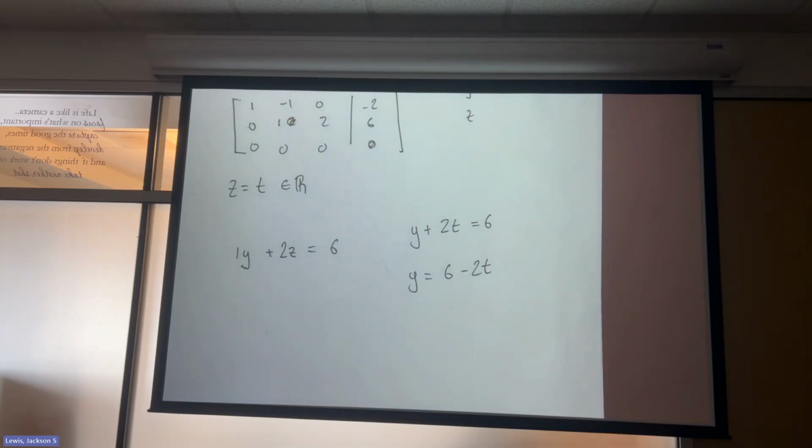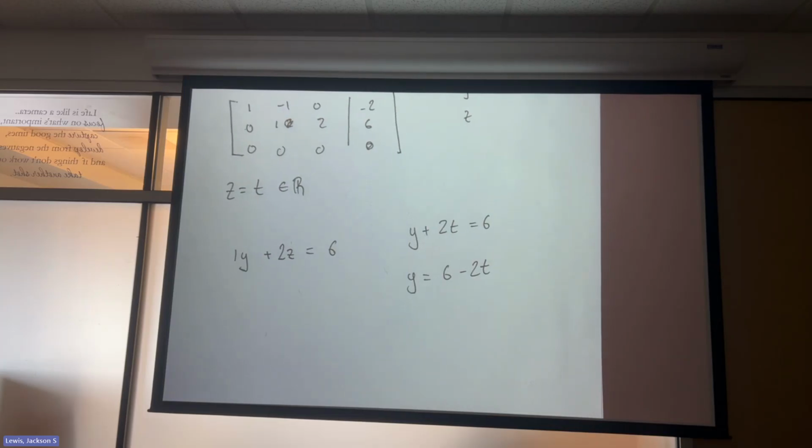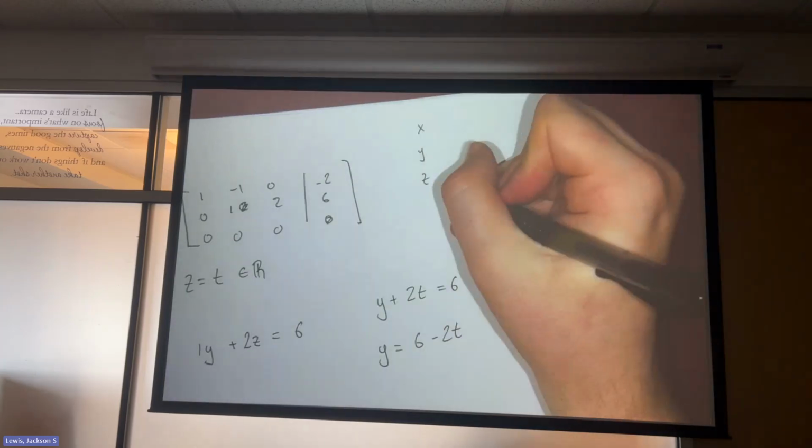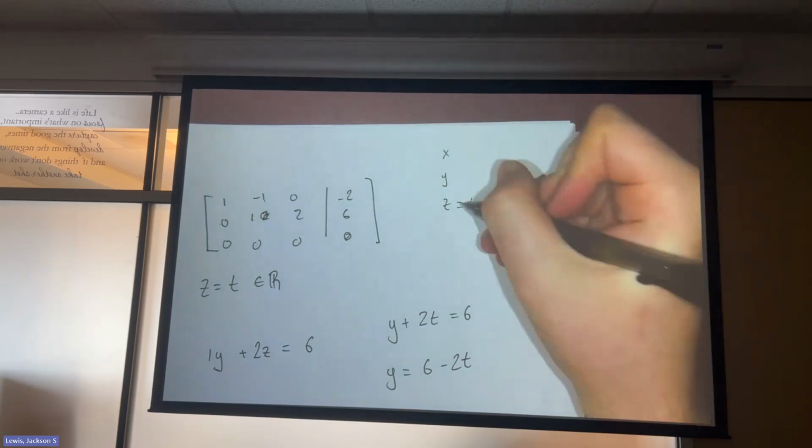We're all good with that? I can't tell you what z is. z could be anything, so all my solutions have to depend on that. If z was a fixed number, all of my solutions would then be a fixed number. So now I have a value of z, and I have a value of y.